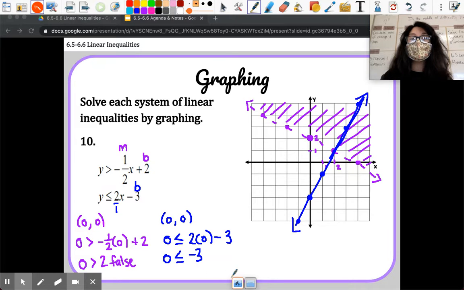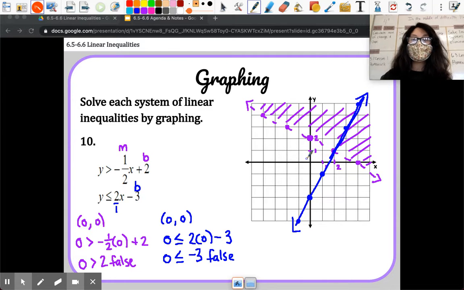So now I read this inequality to determine if it's true. This says 0 is less than or equal to negative 3. Well, 0 is not less than a negative number. It's actually greater than, and they're certainly not equal. So this is also false, which means that this entire region, if you imagine that kind of to the left of this blue boundary line, will not contain our solutions because the test point in that half plane did not work.